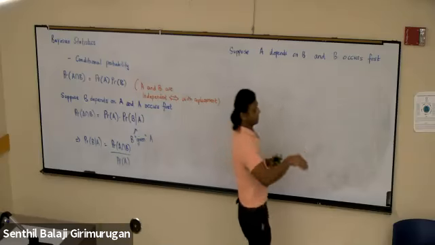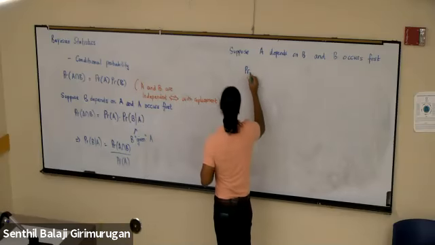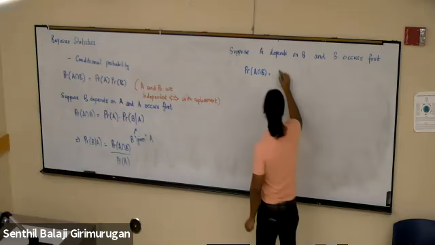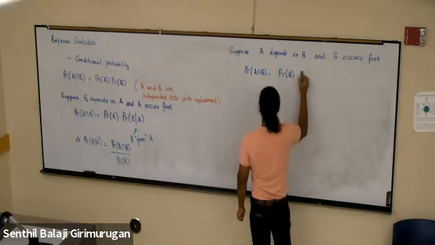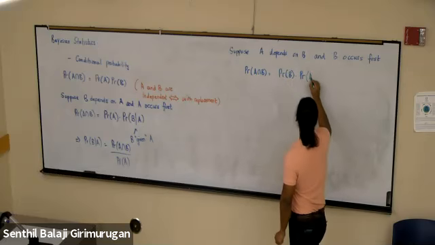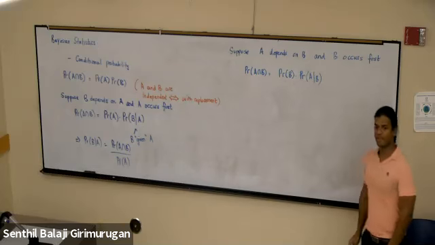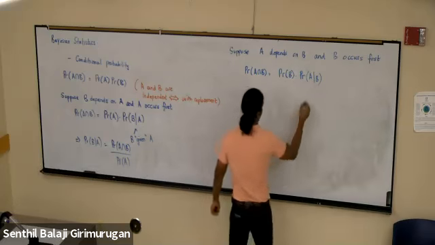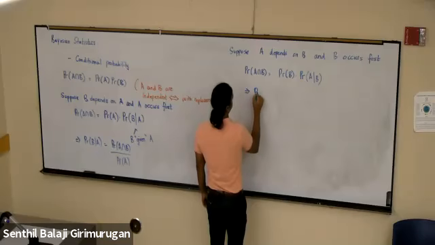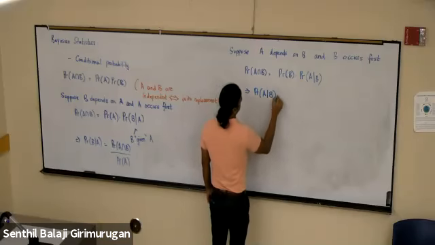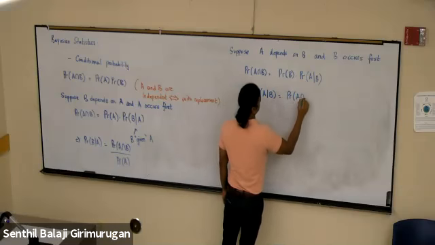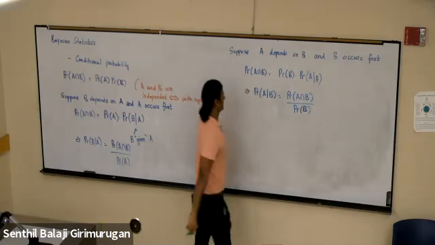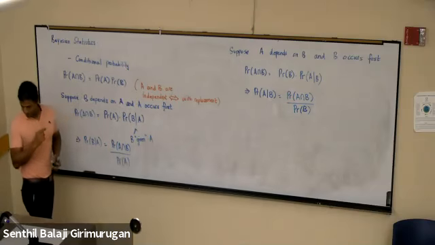Over here, A depends on B, so the probability of A intersect B, B occurs first, so the probability of B, and A depends on B. That would be the conditional probability of A given B. If I solve for it, that's what I will have.